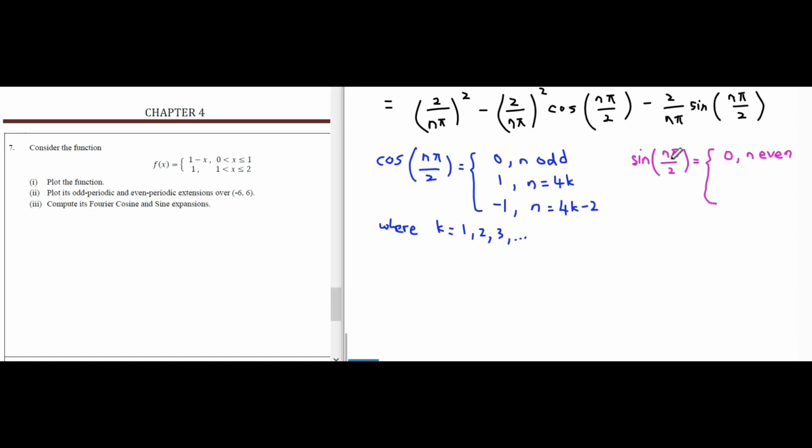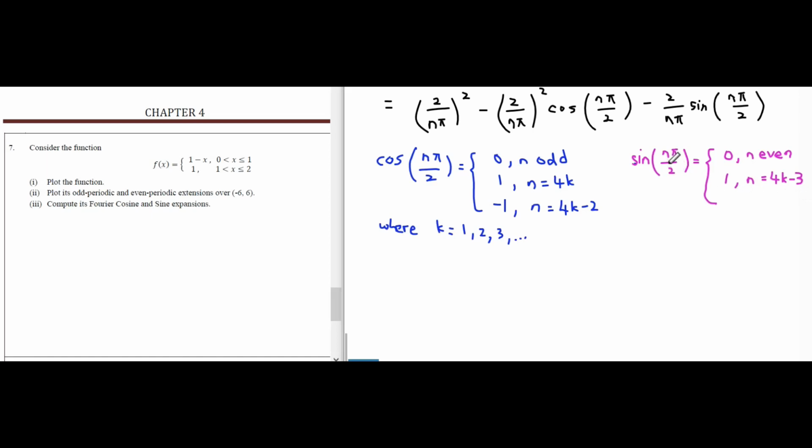When n is 1, we get sine half pi, which gives the value of positive 1. When n equals 5, sine 5 pi over 2 is also positive 1. So this will give a list of n equal to 1, 5, 9, and so on.